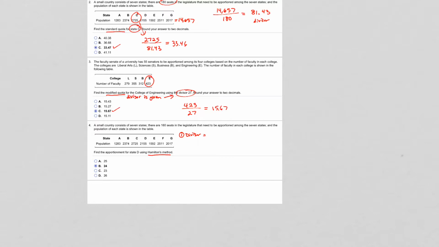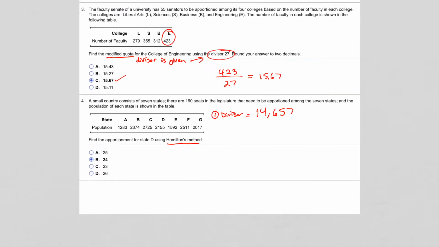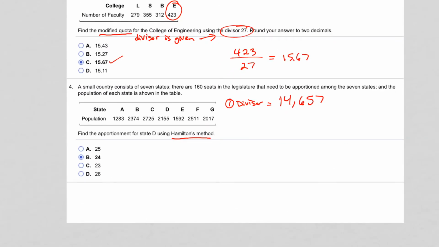All the states have the same population. So basically, we have the total already, and we're going to divide it by 160 seats.